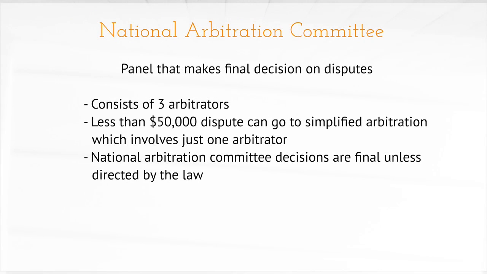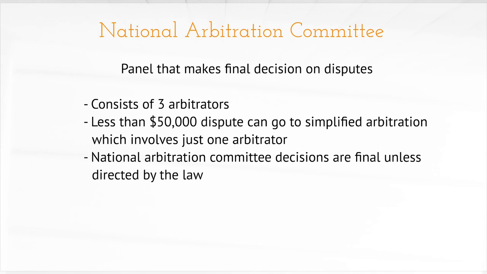There's a National Arbitration Committee that handles any of these issues that are done through an arbitrator. Now, if the issue is greater than $50,000, we're going to have 3 arbitrators that decide on the issue. Anything less than $50,000 involves just 1 arbitrator.